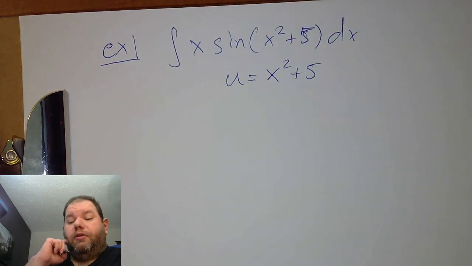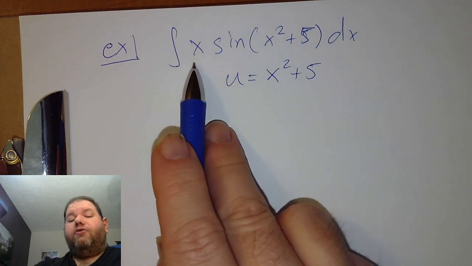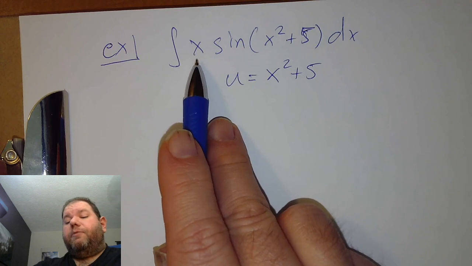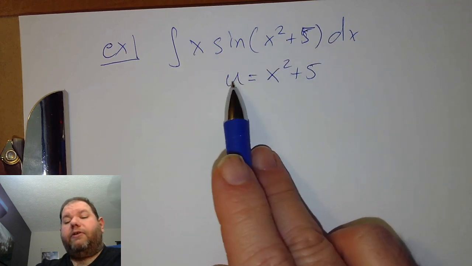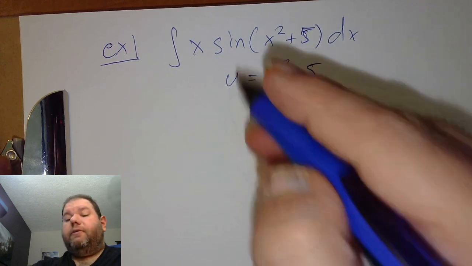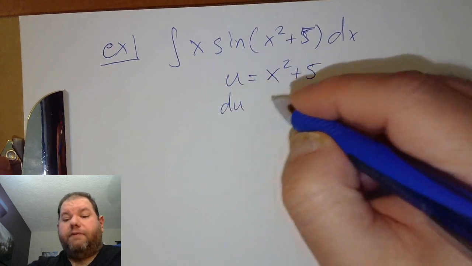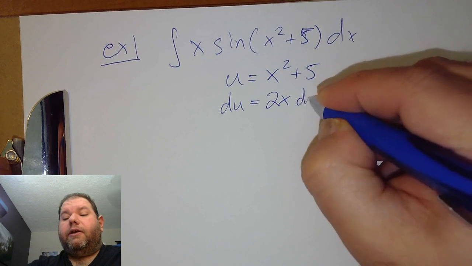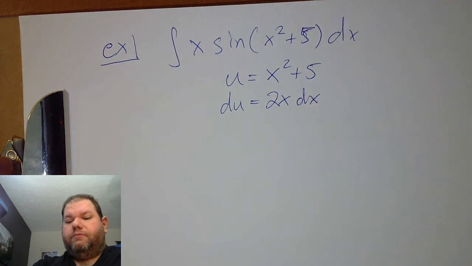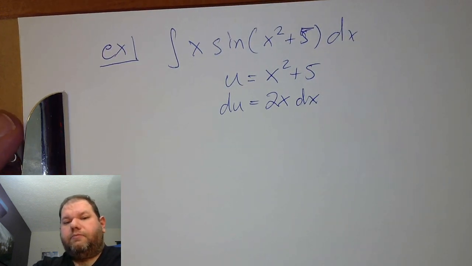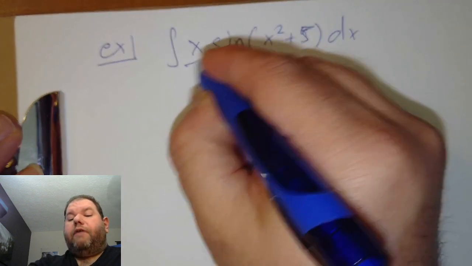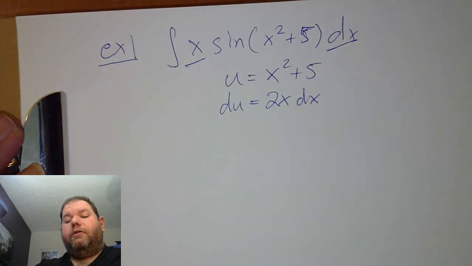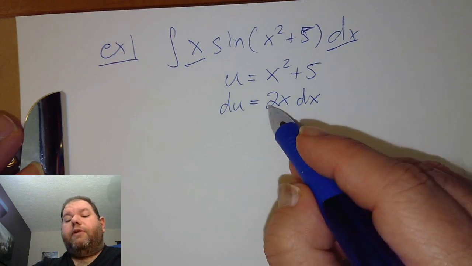Now the difference in this question is that we have an extra x on the outside. But then we notice if we let u equals x squared plus 5, we take the derivative of that and we get 2x dx. We already have x and dx here, but we have an extra 2.